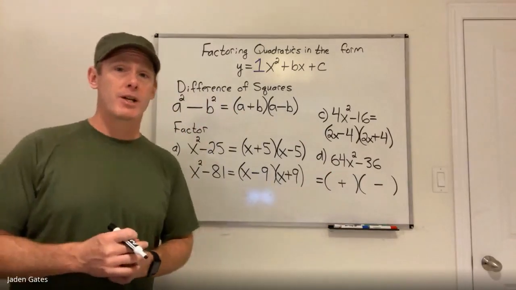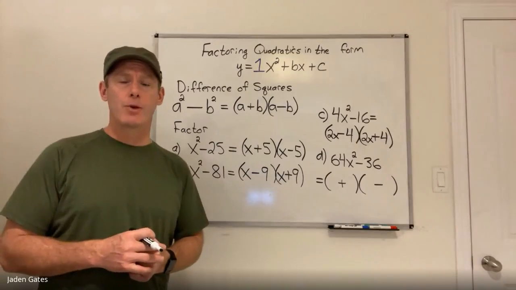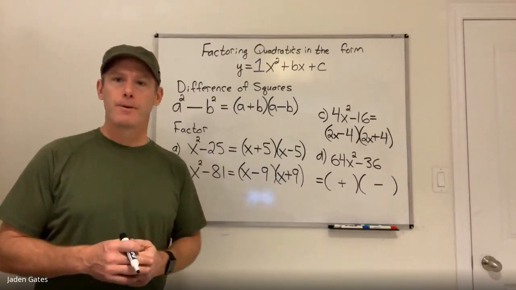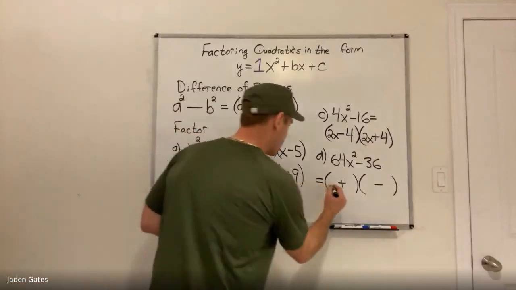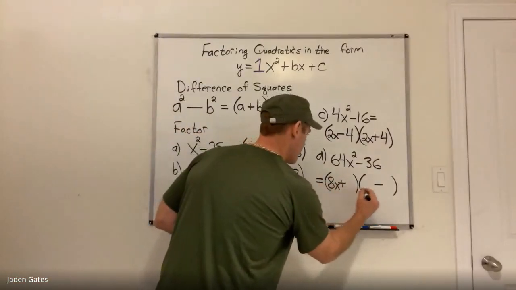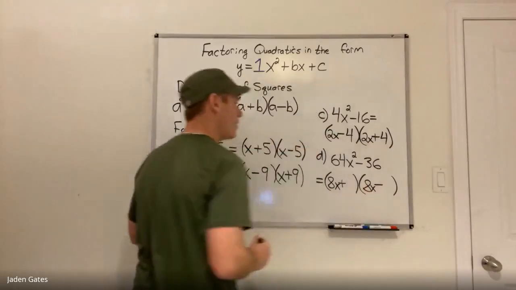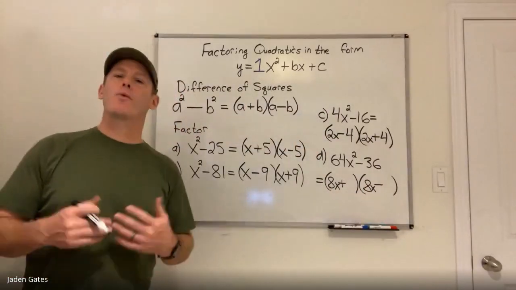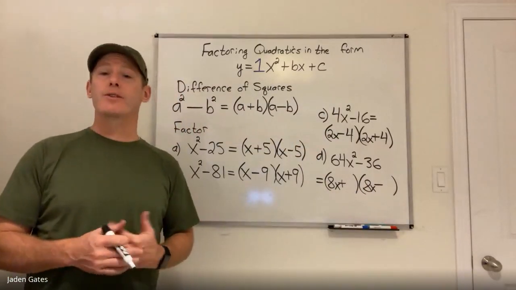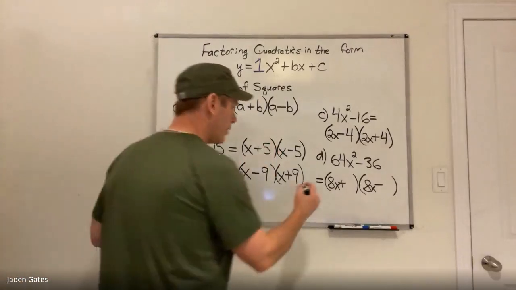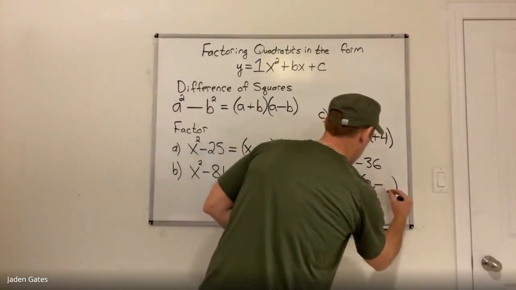I got to square root the x squared. What happens when I do that? Both things. What would I end up with? 8x. First term, first spot. 8x here, 8x there. And of course, lastly, you square root the 36 and you get 6. Second term goes in the second spot.